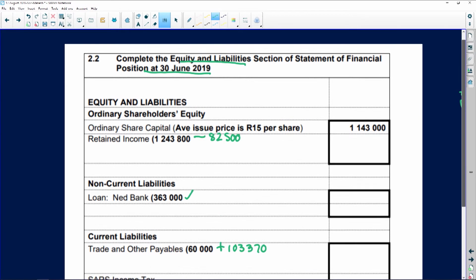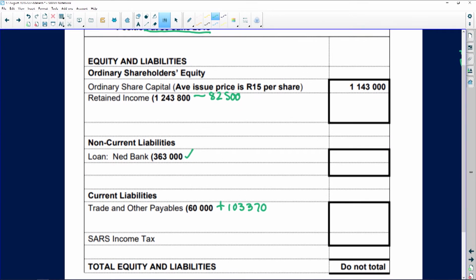So if we go to current liability, as you can see, SARS is going to end up with a credit balance. So in other words, towards the liability, we have made a payment. So next to this, I'm going to put a minus sign, and we've paid an amount of 144,000. Okay, that's the payment that we've made.